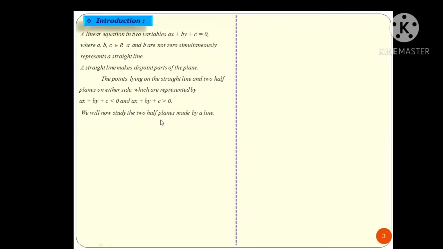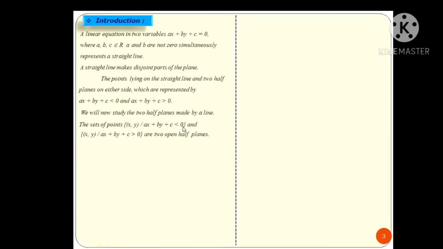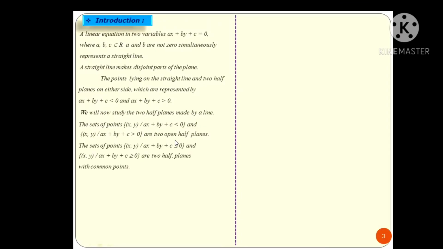We will now study the two half planes made by a line. The set of points (x, y) satisfying the condition ax plus by plus c less than 0, and the other set of points (x, y) satisfying ax plus by plus c greater than 0, are two open half planes.